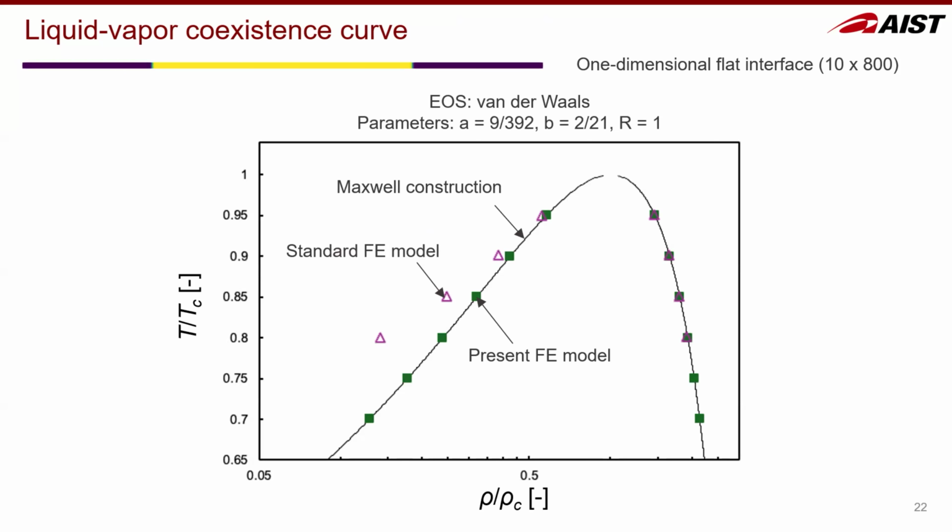As can be seen, for the standard FE model, very near the critical point, the thermodynamic consistency can be recovered, but as the temperature decreases, a discrepancy can be seen between them. On the other hand, the present free energy model keeps the thermodynamic consistency at lower temperatures.